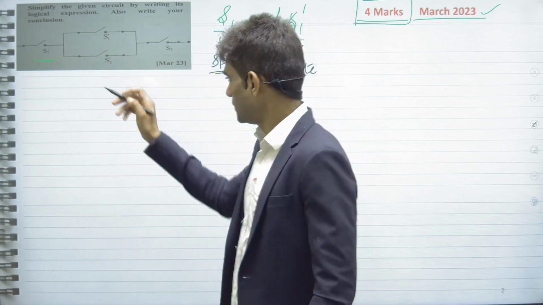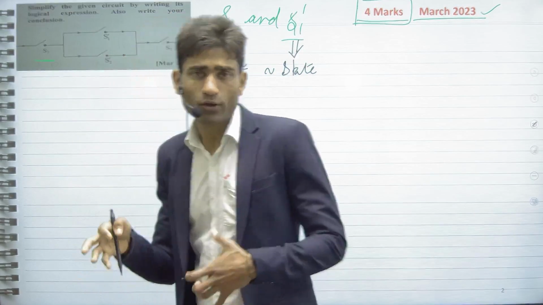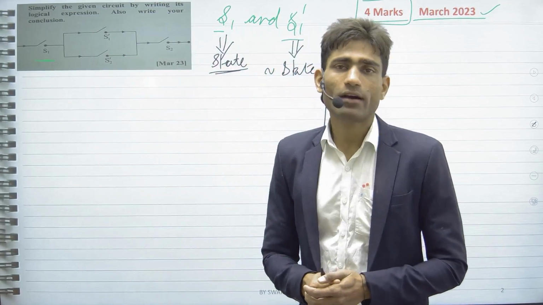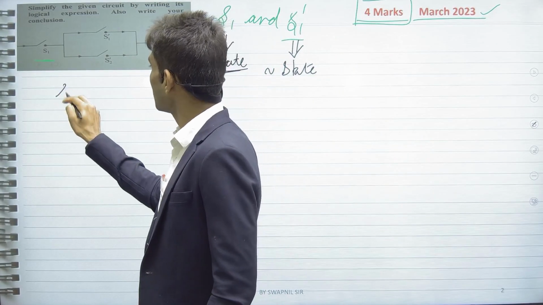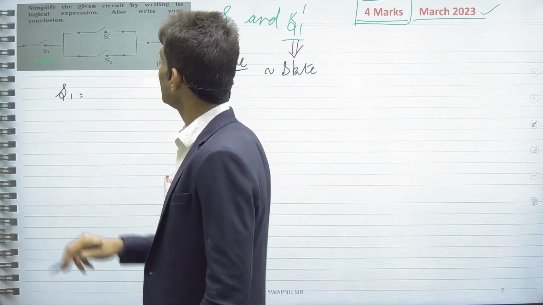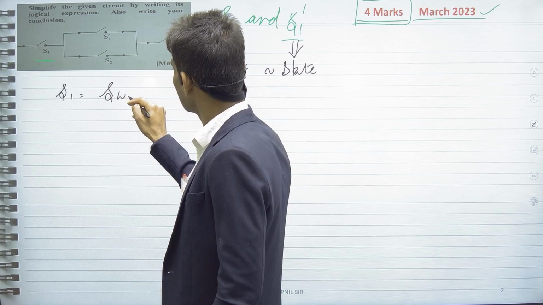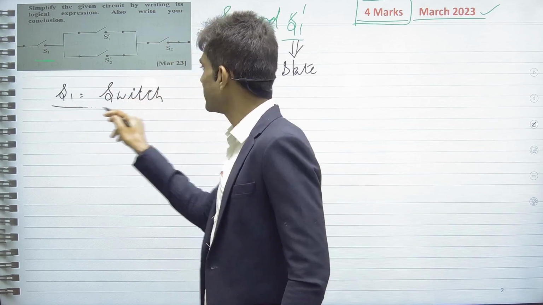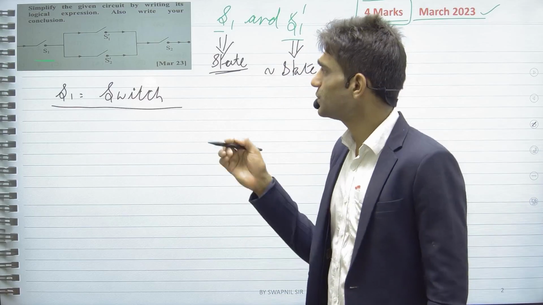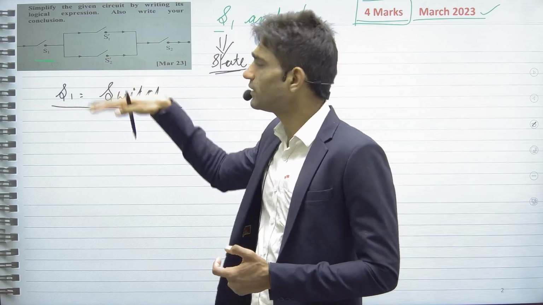The total number of switches we have is 4. So we have to define all these switches first, then find the required answer. S1 represents a switch, whether it is open or closed, which we will define using the diagram.